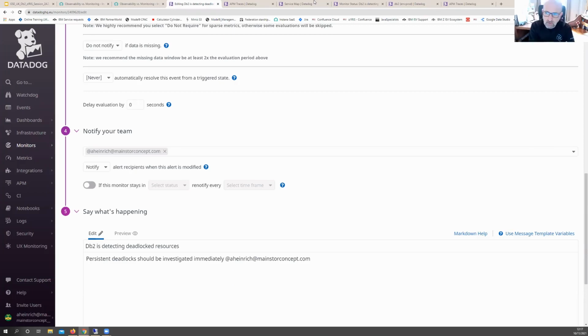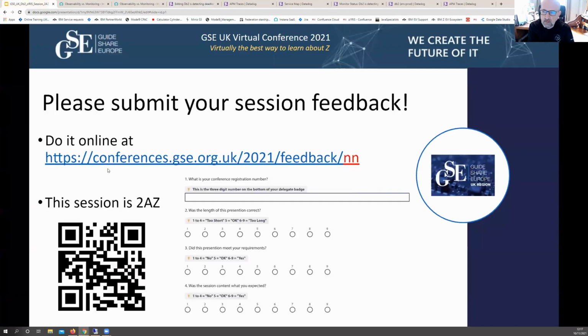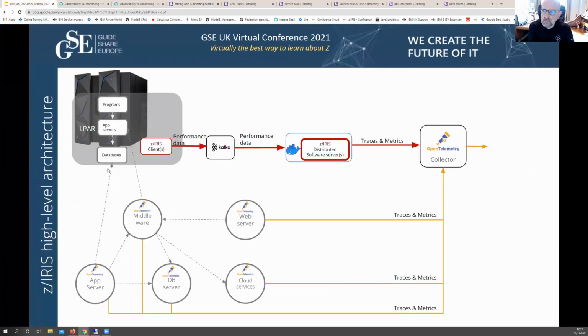So you trap the SMF records in real time and pass them, or do you have like an interval-based collection? So it's real-time processing. The Z-Iris client is a Java-based client, so I didn't mention it, but it runs on zip processors, also just saving you time and money. But the Z-Iris client uses the IBM SMF real-time interface.